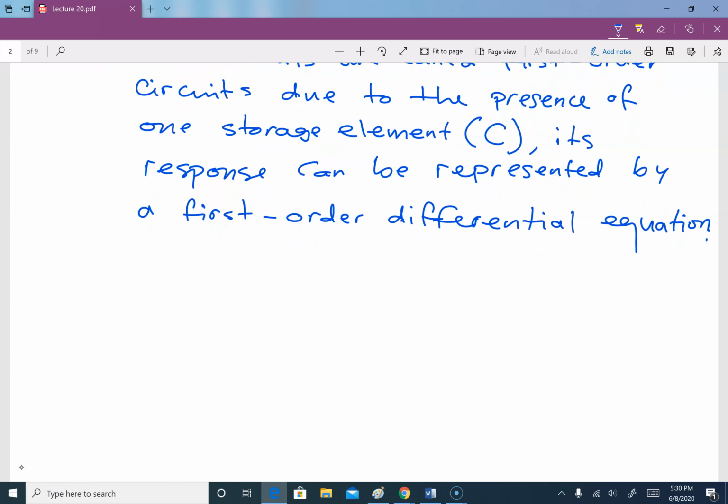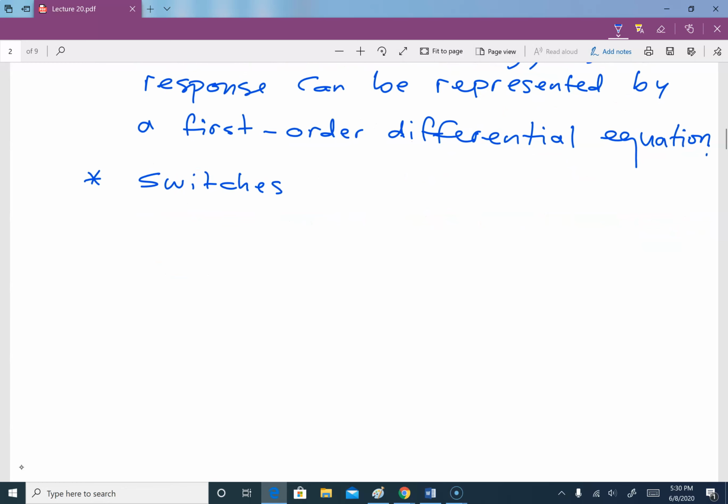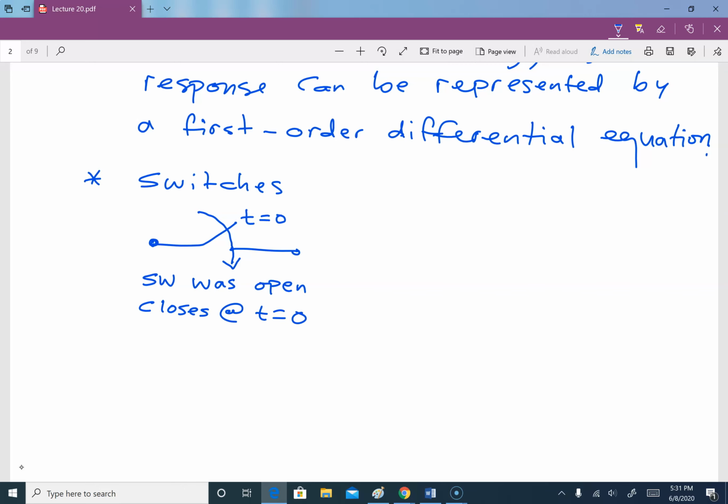So what about the switches? A switch may look like this. This is a switch. If the switch action is going this way, and we are saying that t is equal to 0, it means the switch was open and then closes at t equal to 0.